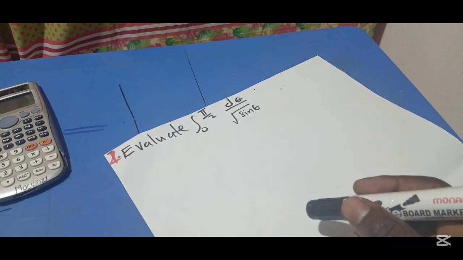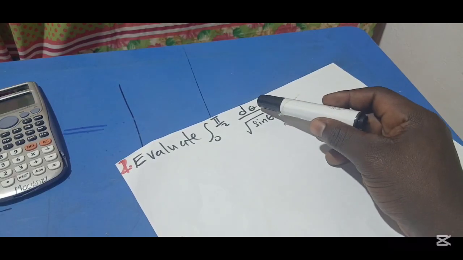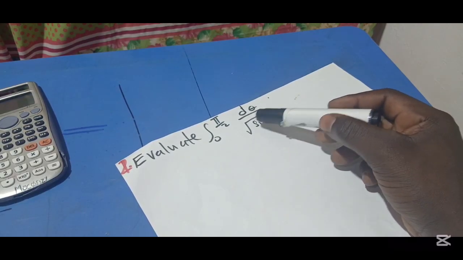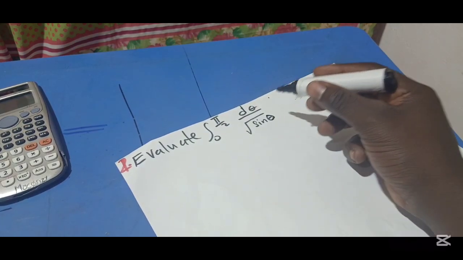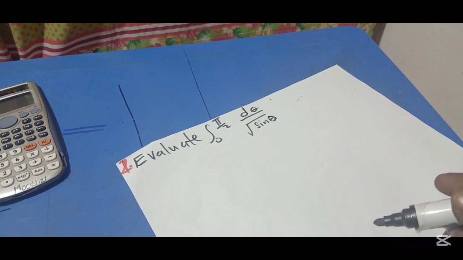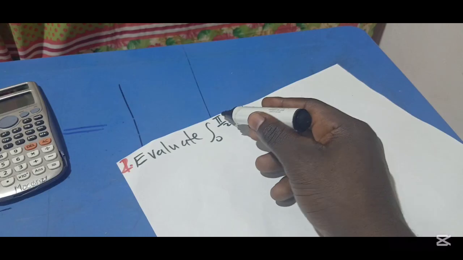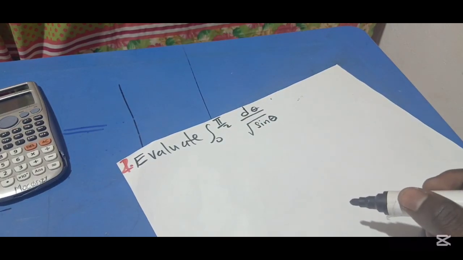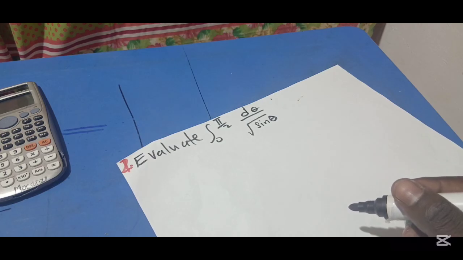Evaluate the integral from 0 to pi on 2 of d theta all over the square root of sine theta. One thing that will come into our mind is that as far as you see the integral from 0 to pi on 2, there is a clear hint that we can use the idea of beta function to evaluate this problem.